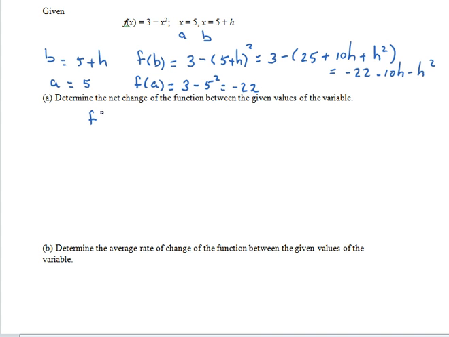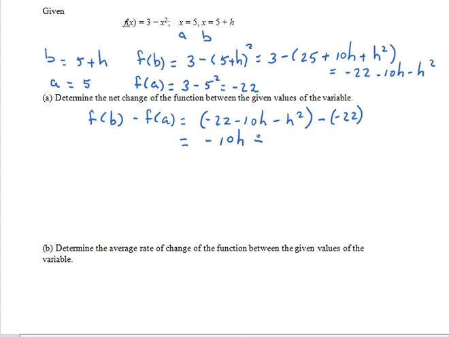So our f of b minus f of a is equal to negative 22 minus 10h minus h squared, subtract a negative 22, and the 22's cancel to leave us with negative 10h plus a negative h squared, or minus h squared.